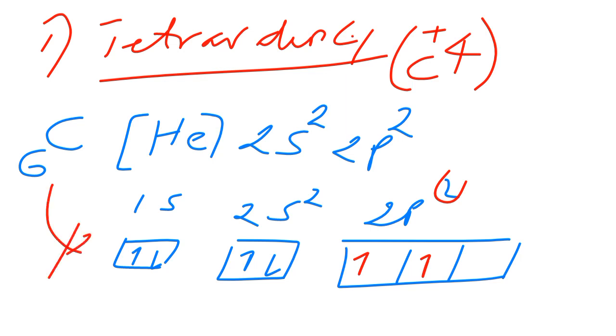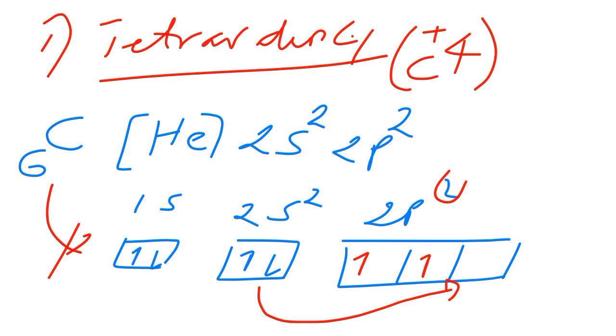From that, we make a combining power of 4, or tetravalence, through hybridization. Through hybridization, the 2s orbital transfers its electrons to a higher energy level.